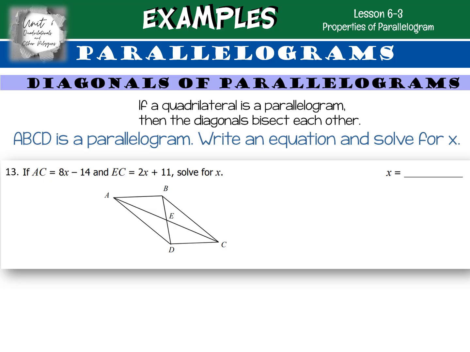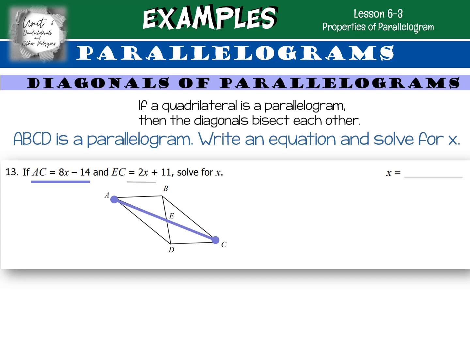Diagonals again. If the length of segment AC is 8x minus 14, that's an entire diagonal. And the length of segment EC is 2x plus 11. That would be half of it. So the length of segment EC, if we double it, we should get the length of segment AC, the entire diagonal.